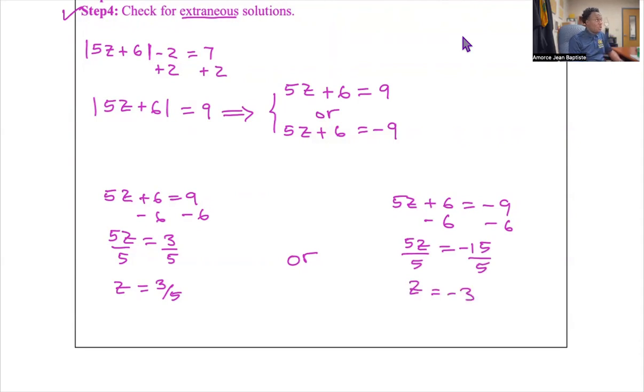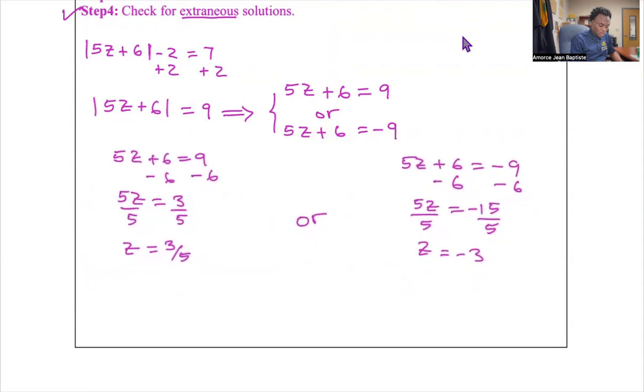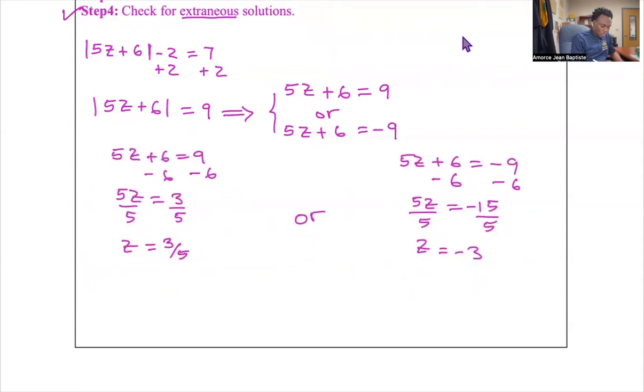Now we want to check for extraneous solutions. So we have the absolute value of 5 times 3/5, because z equals 3/5, plus 6, minus 2.